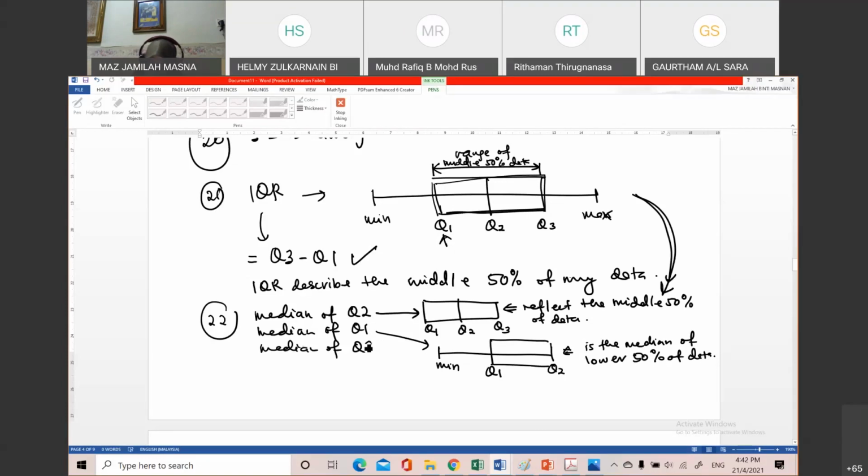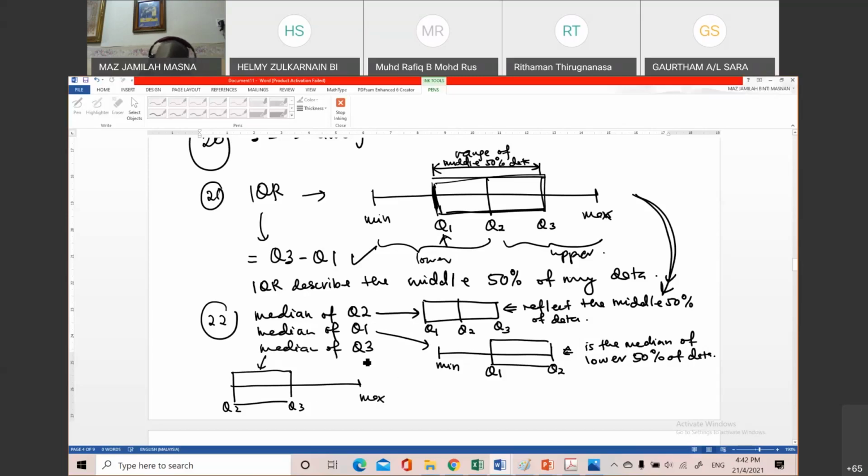Then what is the median of Q1? Median of Q1 is this one. It is the median of the lower 50%. This is lower and this is upper. So definitely for Q3, this is Q2, this is Q3, this is max.